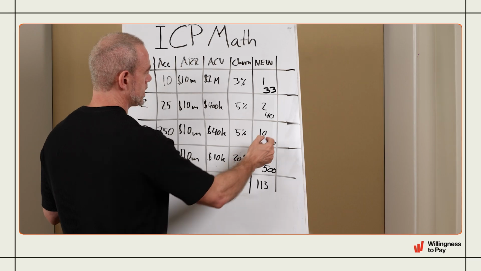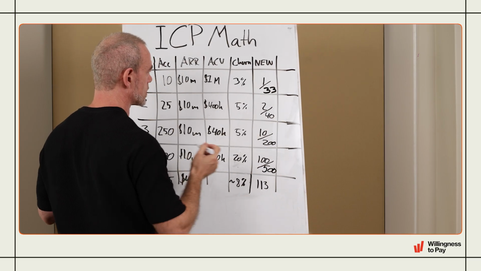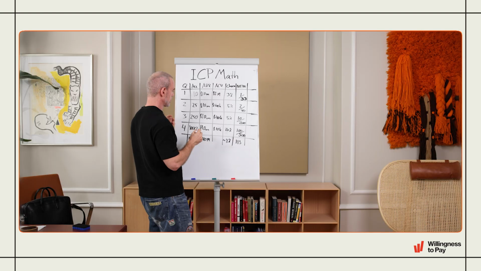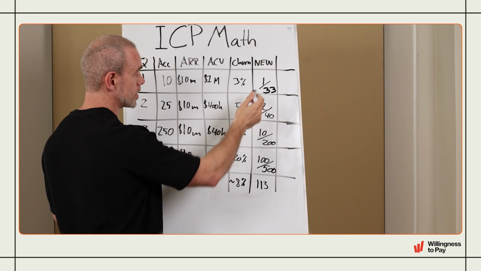So now you get to sort of see an end game for your business, right? You say, okay, so what are we targeting right now? So right now we have like 10, 25, 250, 1,000 accounts, but the way our churn is working right now is that we are going to end up with 33, 40, 200, 500. So we're actually going to end up with 773 accounts.